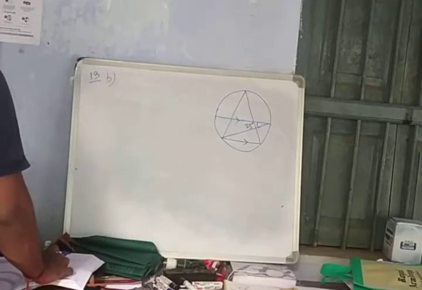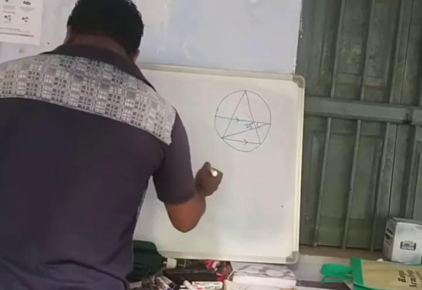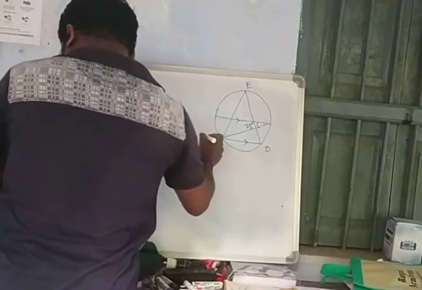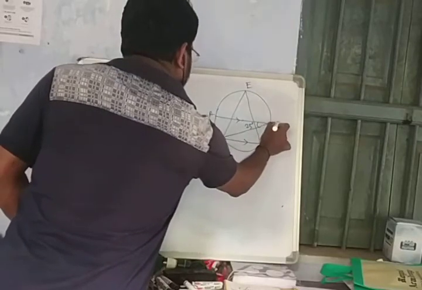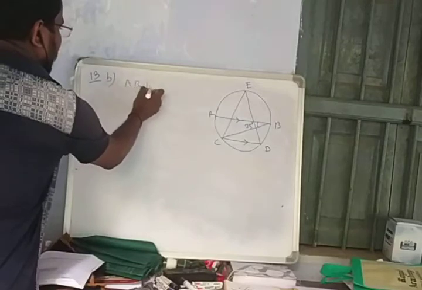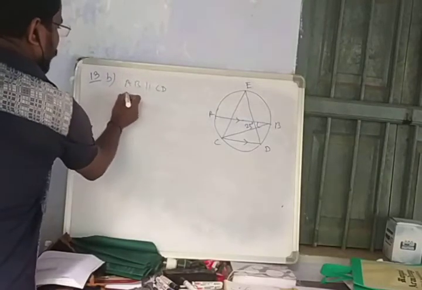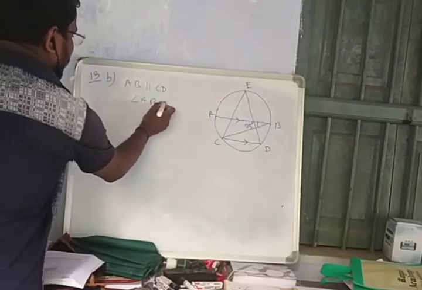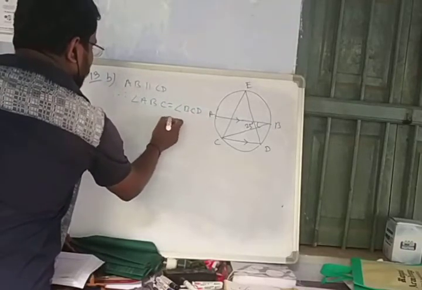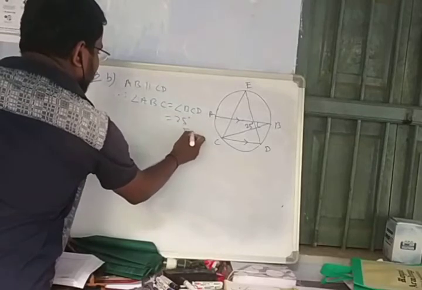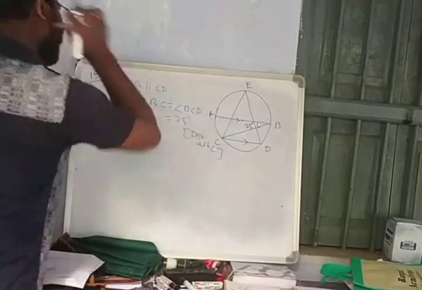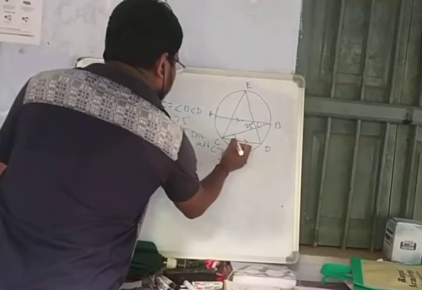If ABC equals 25 degrees, calculate CED. You have to find CED, and this is A, this is B. Okay, no problem. AB is parallel to CD. Therefore, we can write ABC equals BCD because of interior alternate angles. So this is 25 degrees.